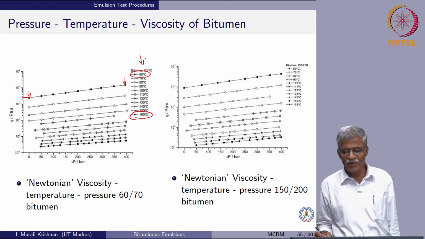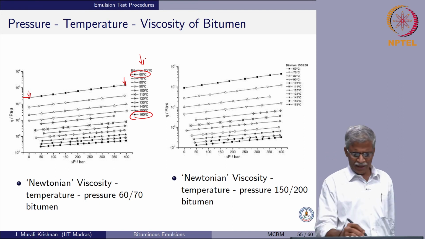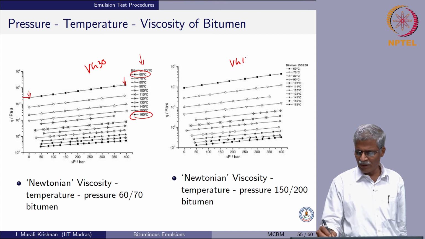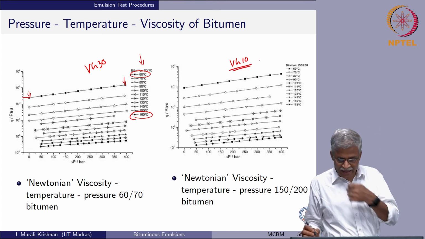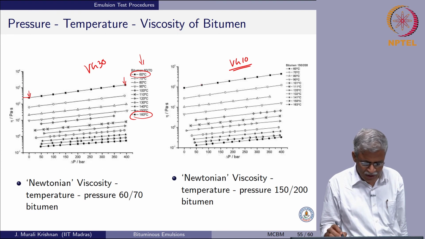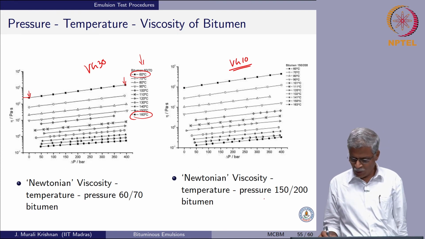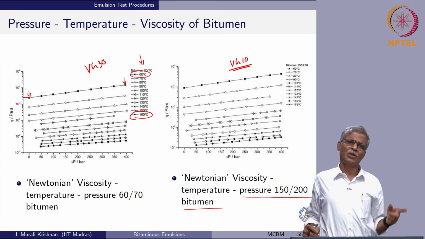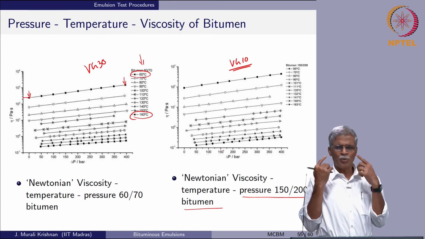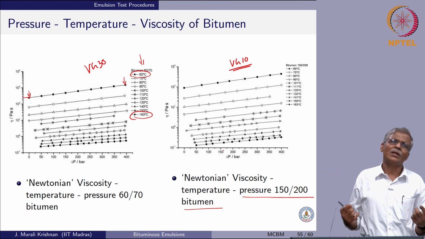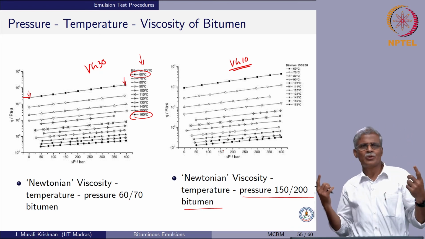So, let us say 60-70 bitumen, or you can think of it like a VG10 bitumen, and when you are using this bitumen, the Newtonian viscosity, what you see here, can also change. So, depending on the type of bitumen that you use, when you are trying to produce your emulsion under pressure, the viscosity will shoot up.